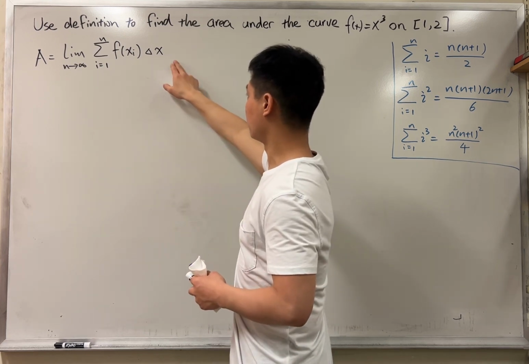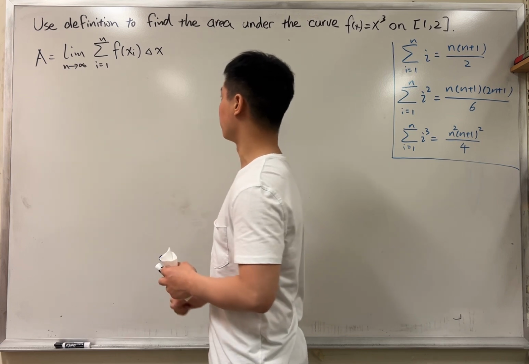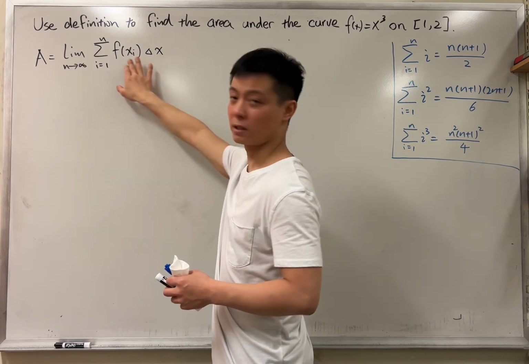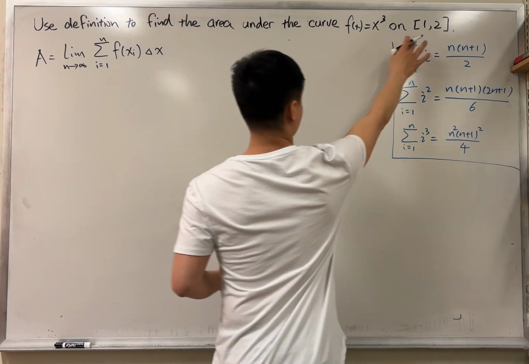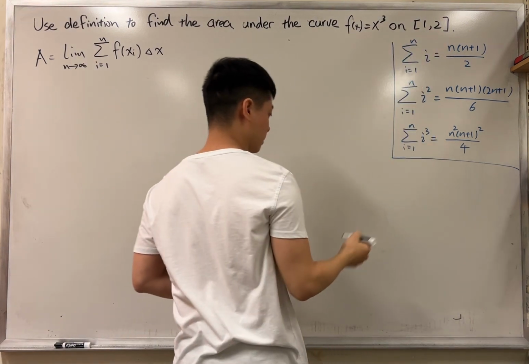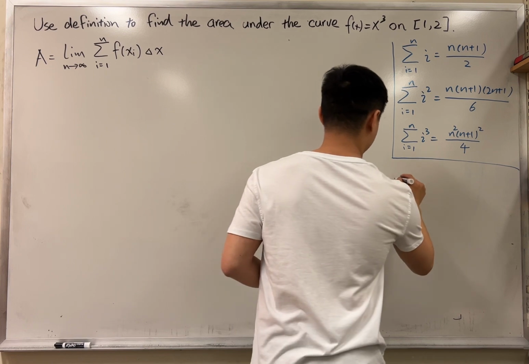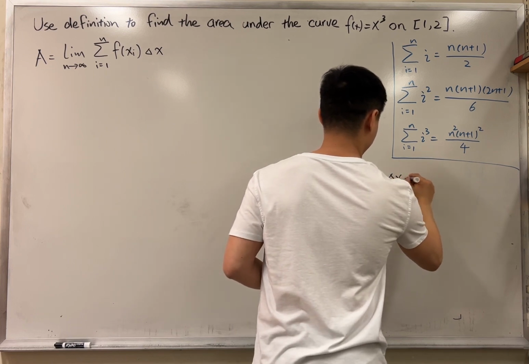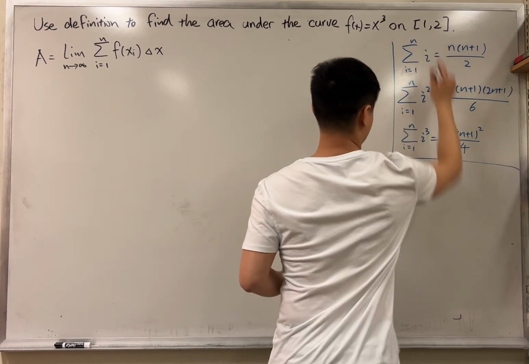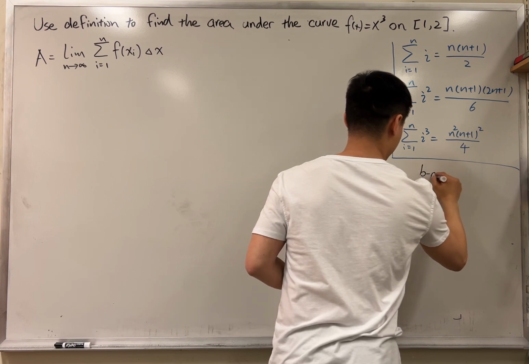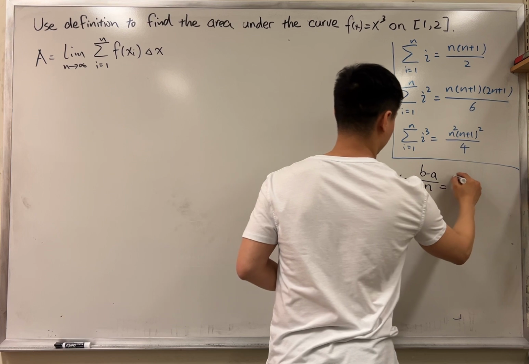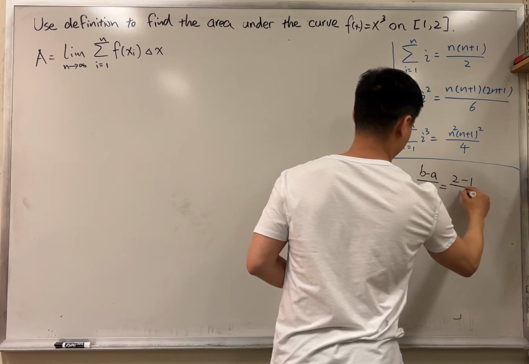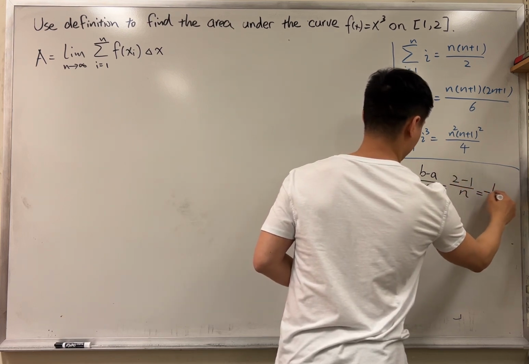So in order to continue this calculation, we will need to find delta x as well as xi. Because we're working on the interval like this, we can follow the formula. Delta x will be the length of this interval, b minus a, divided by n, which we can plug in to be 2 minus 1 divided by n. That comes to 1 over n.